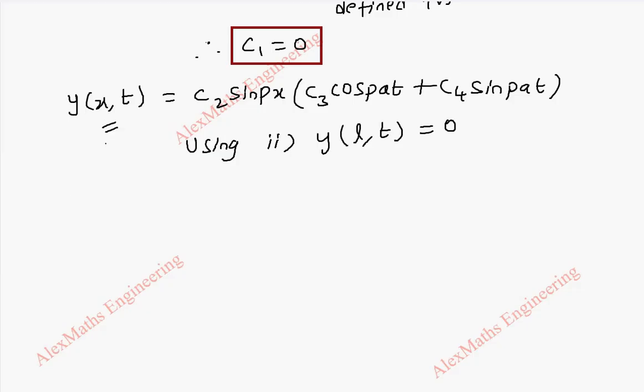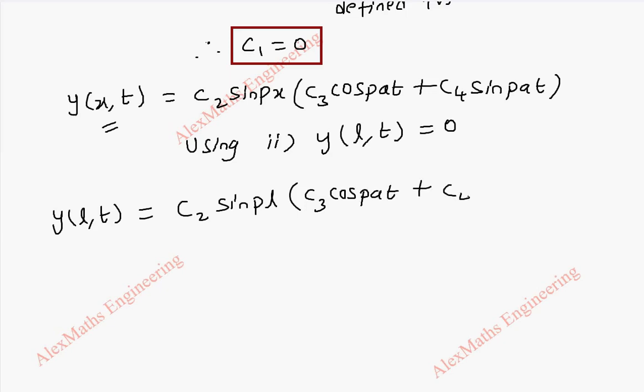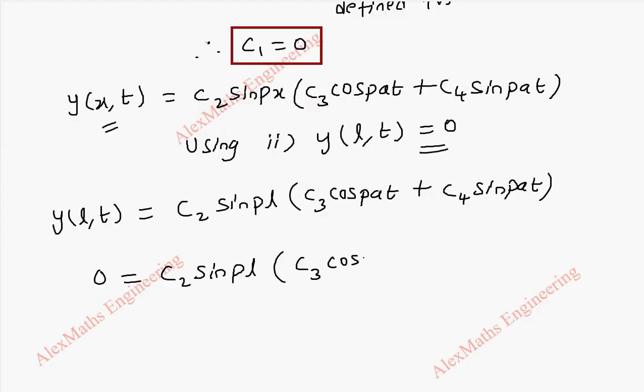So x is replaced by L. So y of L comma t equals c2 sin pl, then c3 cos pat plus c4 sin pat. Now this value is 0, so 0 equals c2 sin pl into c3 cos pat plus c4 sin pat.